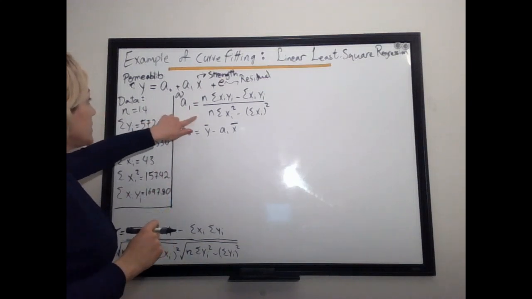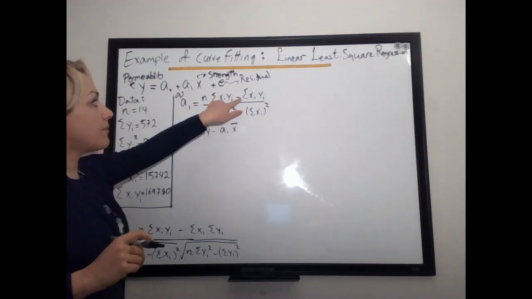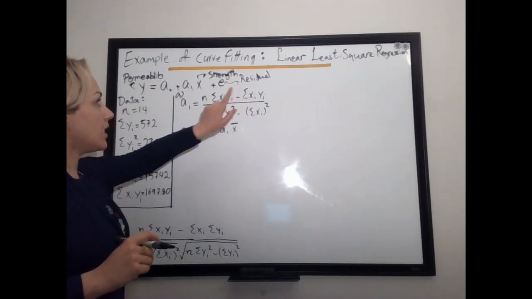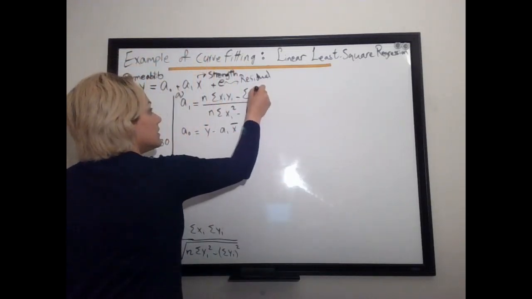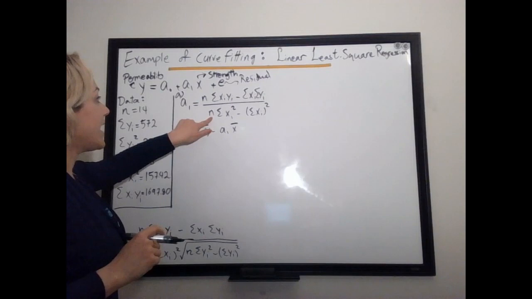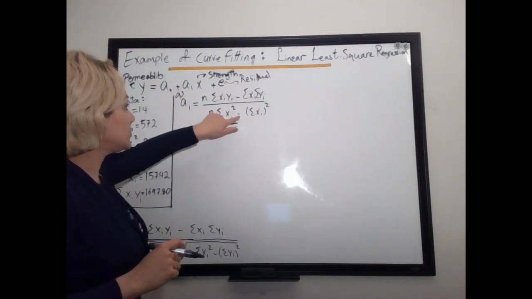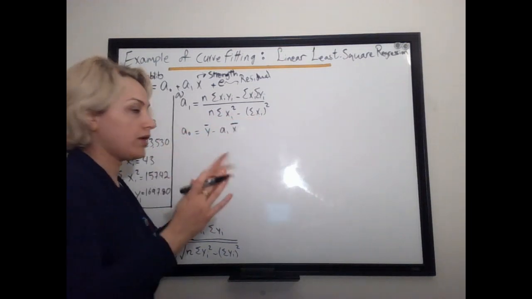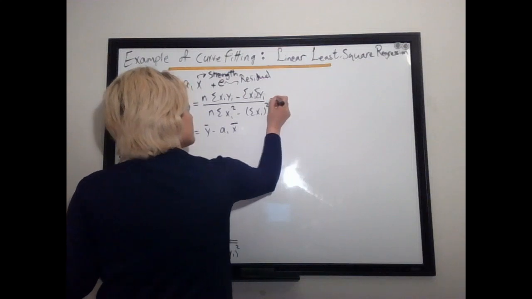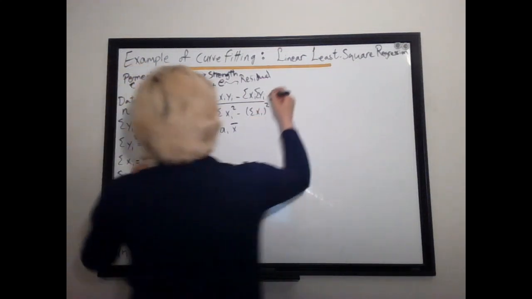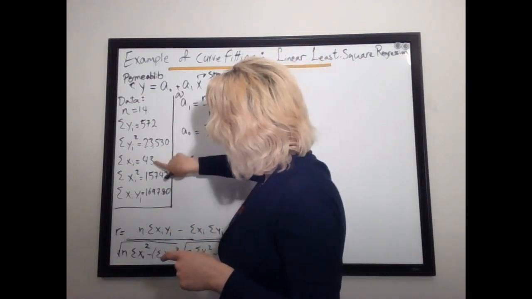From the equations, we have A1 is equal to n sigma xi yi minus sigma xi times sigma yi, and then divided by, in the denominator, n sigma xi power 2 minus sigma xi, the whole of it, like the whole sigma xi power 2. So with this one, we just replace the numbers. So n is 14. Sigma xi yi, we have it here.